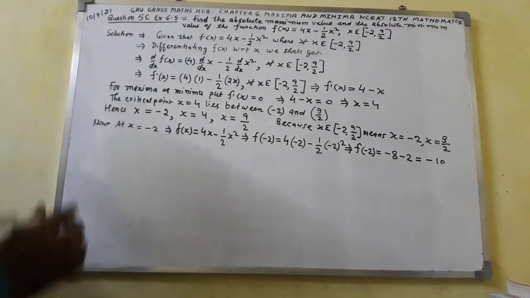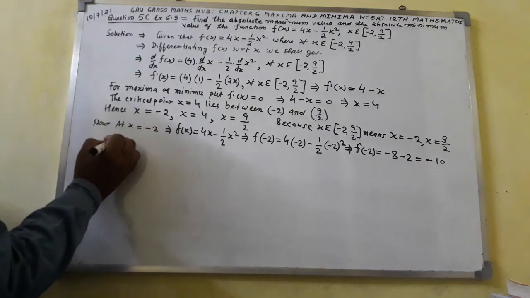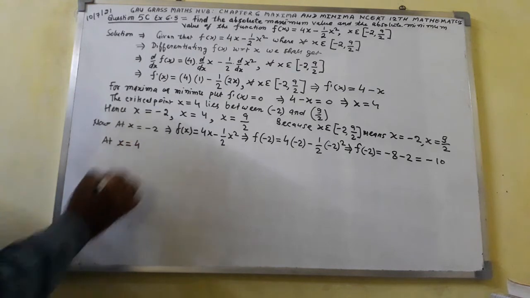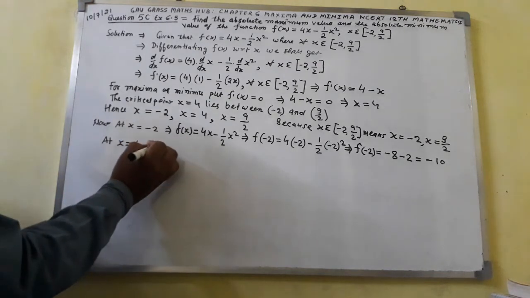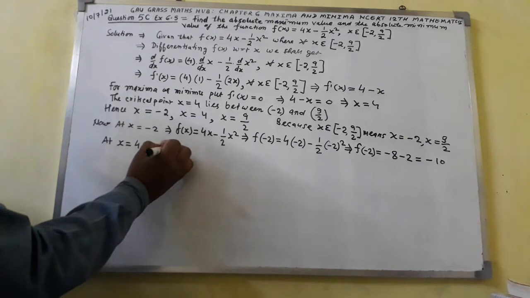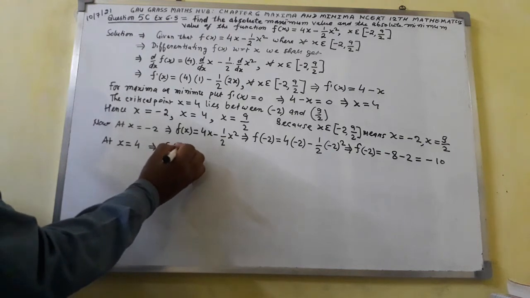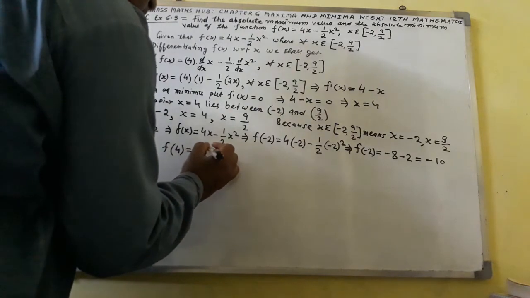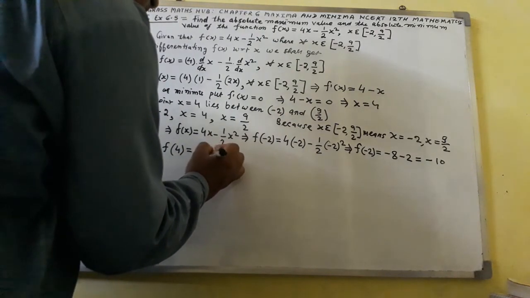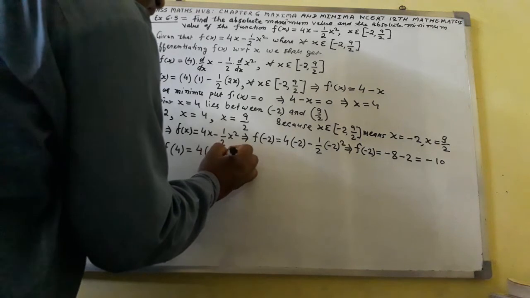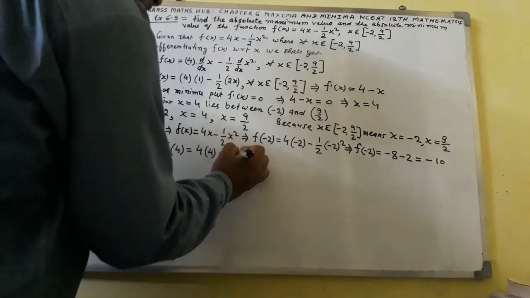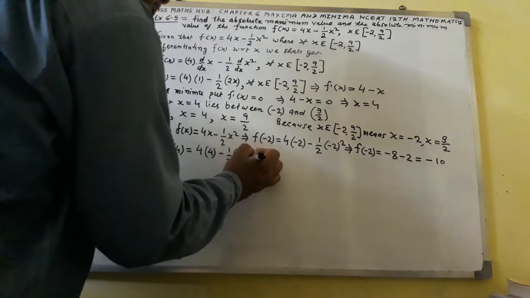Again I shall write at x equal to 4, implied that f of 4 equals 4 times (4 minus 1 over 2) times 4 squared.